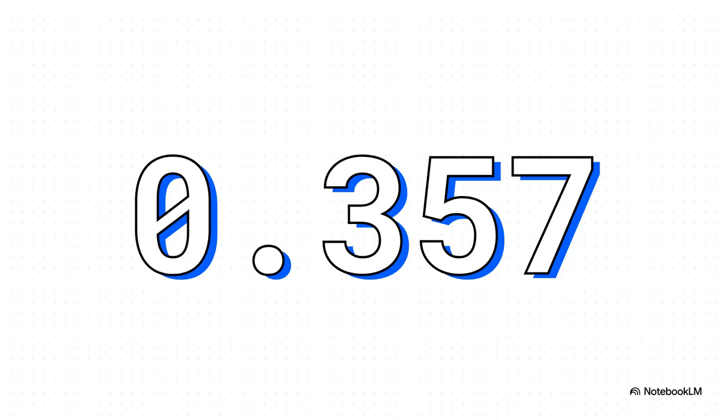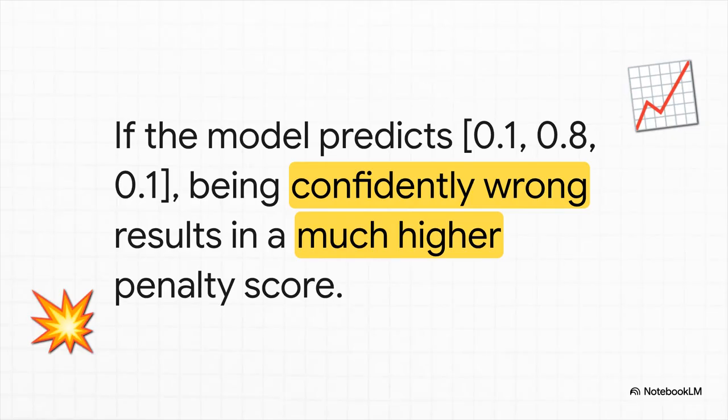It did a good job. But what happens if the model is super confident and super wrong? So let's say it looks at that same picture of a dog and says, I am 80% sure that's a cat. Well, in that case, the penalty score just skyrockets. The model is being punished not just for being wrong, but for being so certain about the wrong answer.